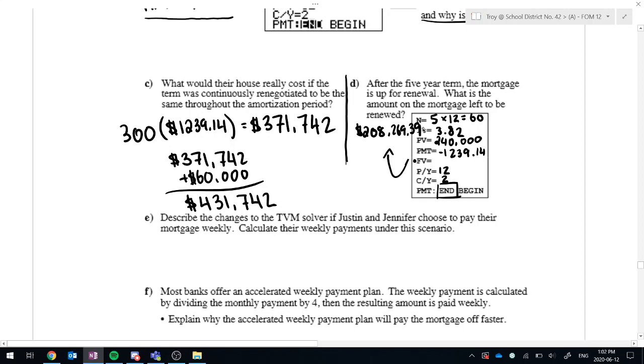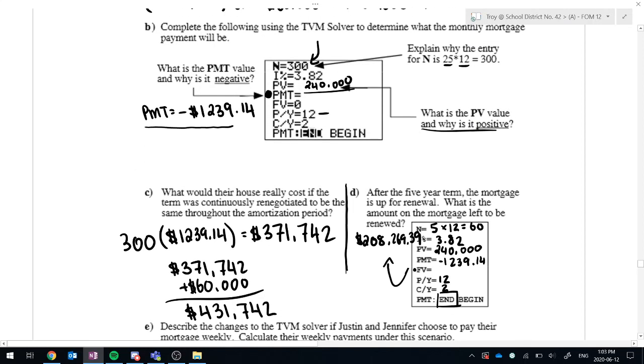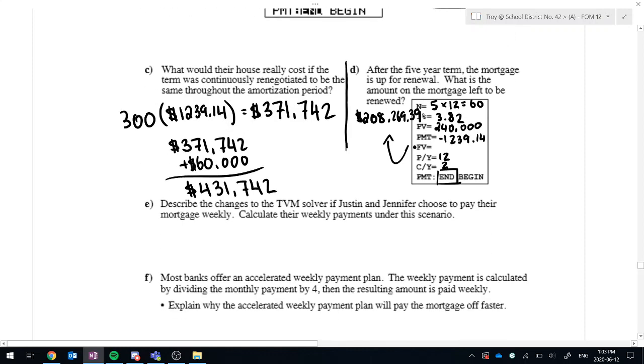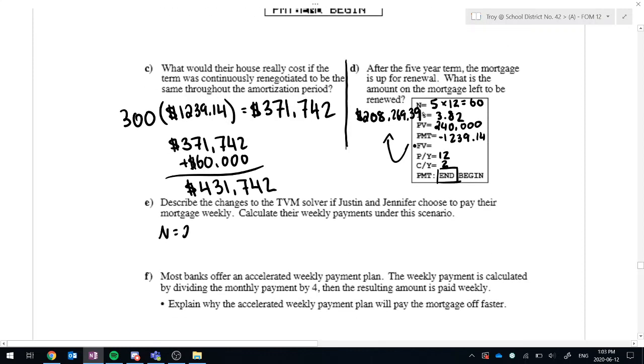In this case, we would change our number of payments to, instead of 25 times 12, 25 years times 52, because there are 52 weeks in a year. That would give us the new end value.